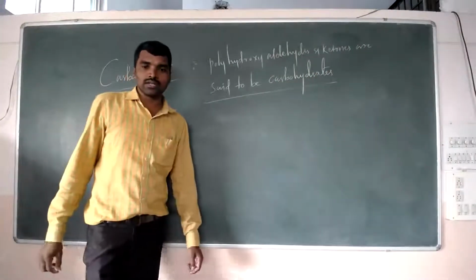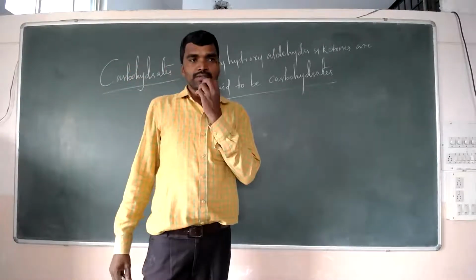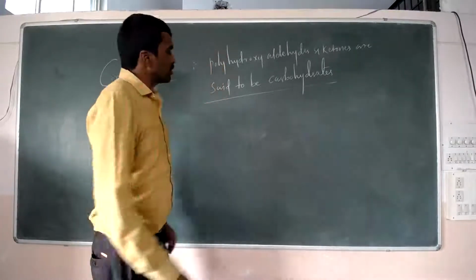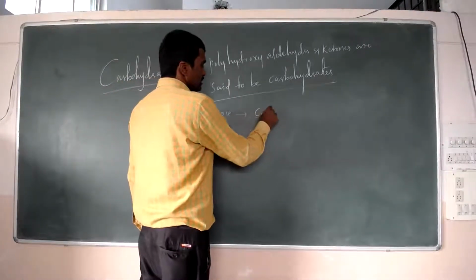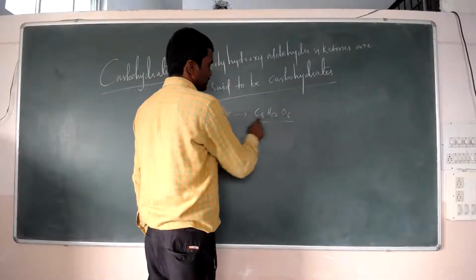Polyhydroxyaldehydes and ketones are said to be carbohydrates. For example, if you want to take one example, glucose, the formula is C6H12O6.